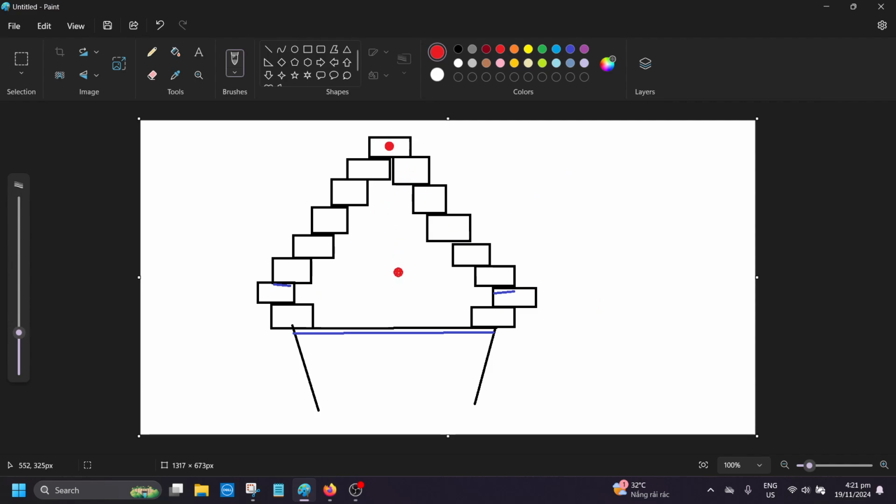So this stack is most likely going to fall, right?